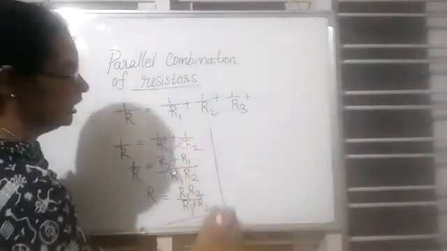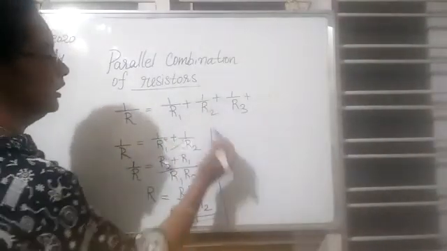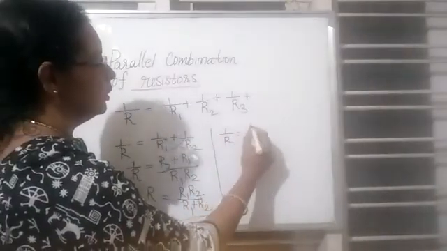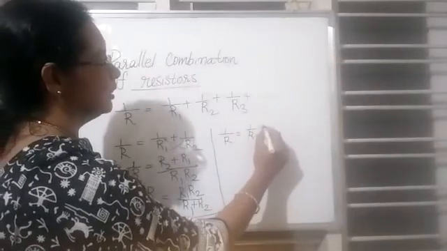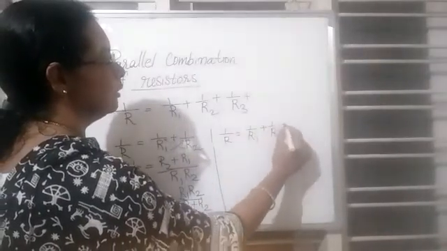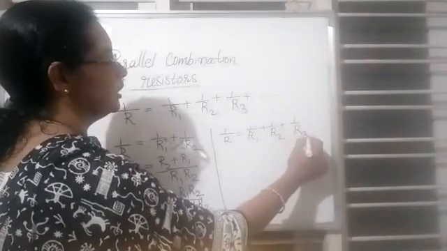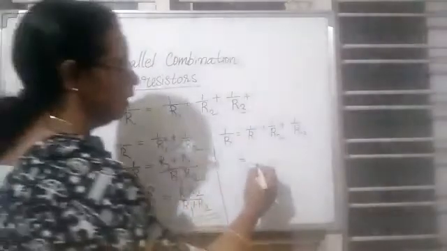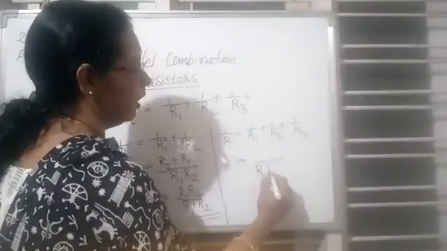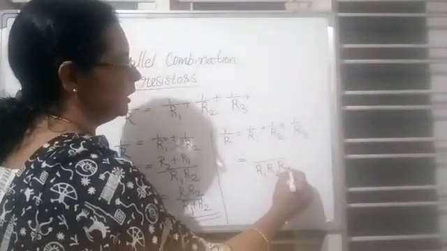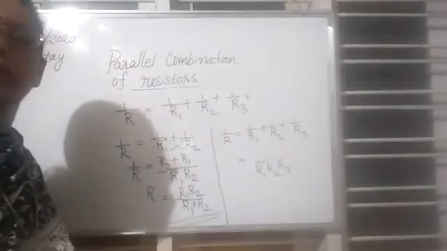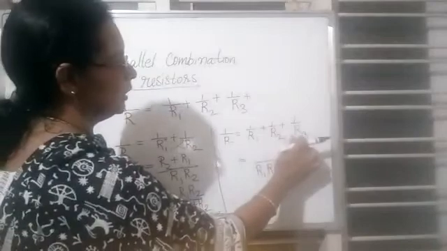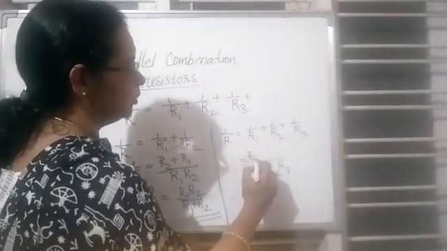If it is 3 resistors, how can we find it? R1, R2, R3. So here 1 by R is equal to 1 by R1 plus 1 by R2 plus 1 by R3. Right? Then what will be the LCM? The product of all 3, R1, R2, R3, will be the LCM. For the first one, R1 is there, R2, R3 is not there, so we get R2, R3.